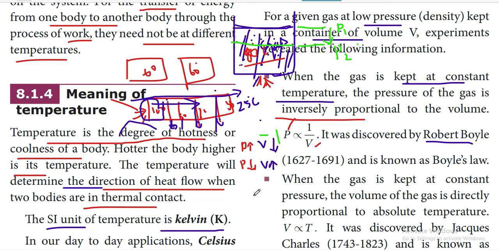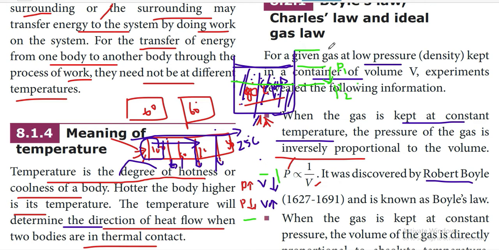Second condition: when the volume increases, pressure decreases. We have this container with pressure P3. Now we are taking this lid to this point, to 0.3.